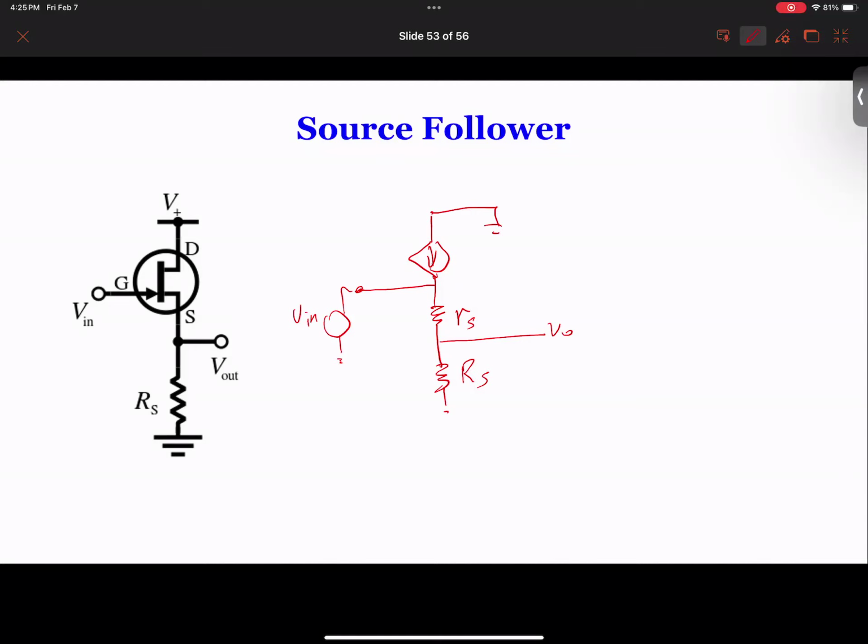So here, basically, we have our input resistance, and then we have our T model, and we have R_S here. Let me see if we got this actually correct. Just want to make sure.